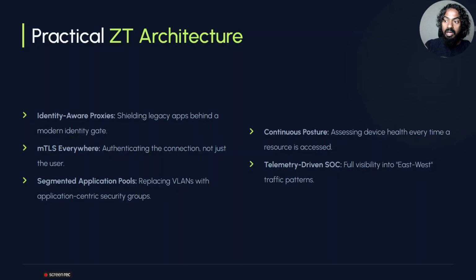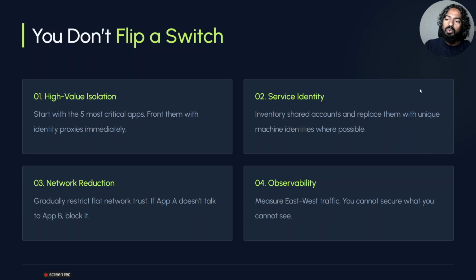But nobody converts a legacy enterprise overnight, right? We cannot do that, of course. So how do you migrate? You don't flip a switch. You start with critical applications. You front legacy systems with identity aware proxies, so you have a legacy system and keep an identity aware proxy in front of it. You introduce service identity gradually.